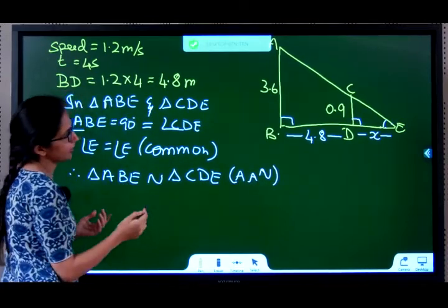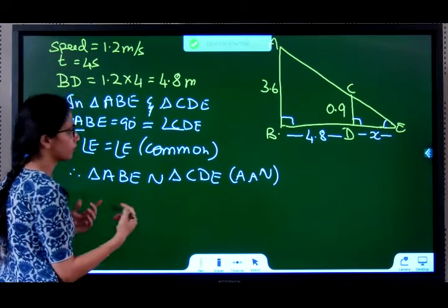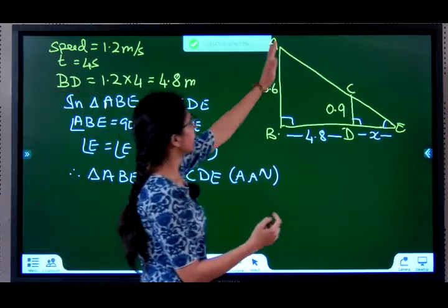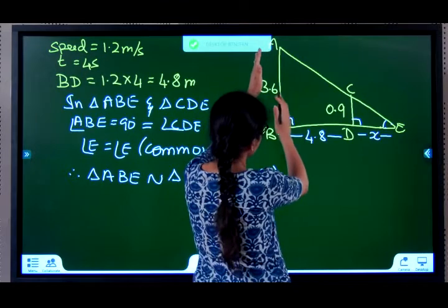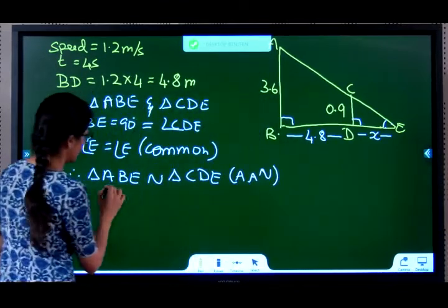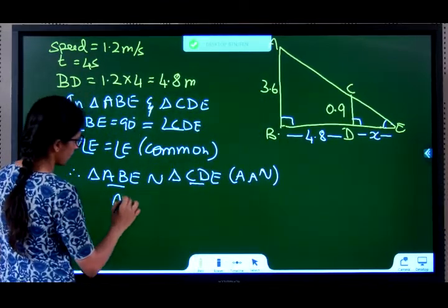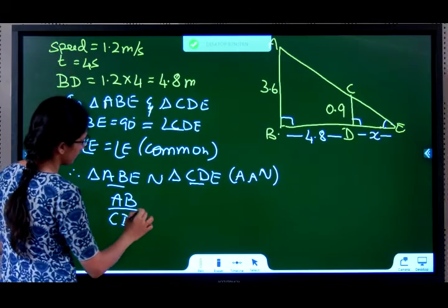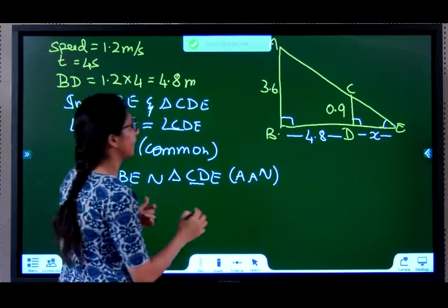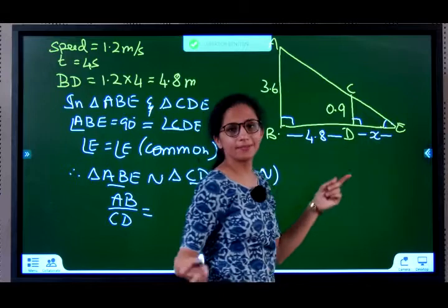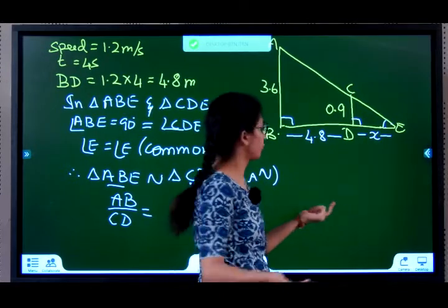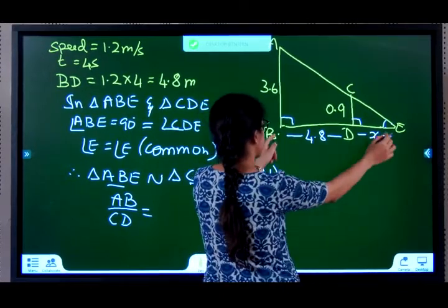So, corresponding sides of the triangle are proportional. So, I am going to use that now. AB, I have 3.6. Its corresponding side is whom? CD. AB, CD. So, AB by CD. Next, should we consider AE? No, it's useless because we don't have the value of it, it's unknown. Next side you take is this side, BE.